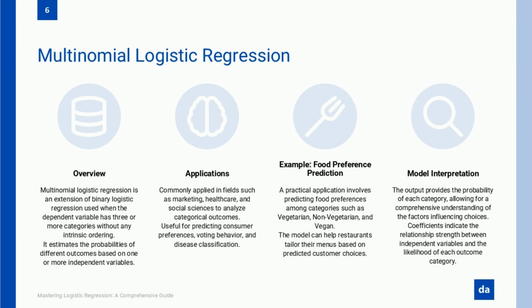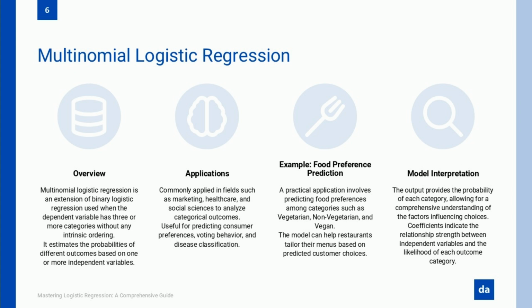Let's say you run a restaurant and you want to predict a customer's food preference. Instead of just yes or no, now you have multiple categories: vegetarian, non-vegetarian, and vegan. A binary logistic regression model wouldn't work here because it can only handle two choices. But multinomial logistic regression, that's built for this exact situation.